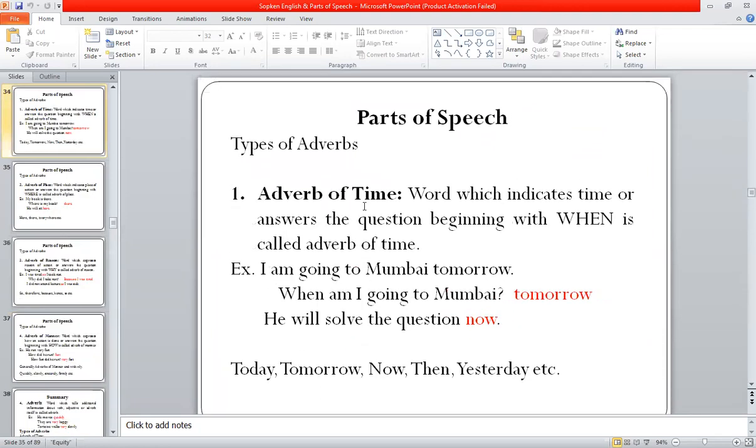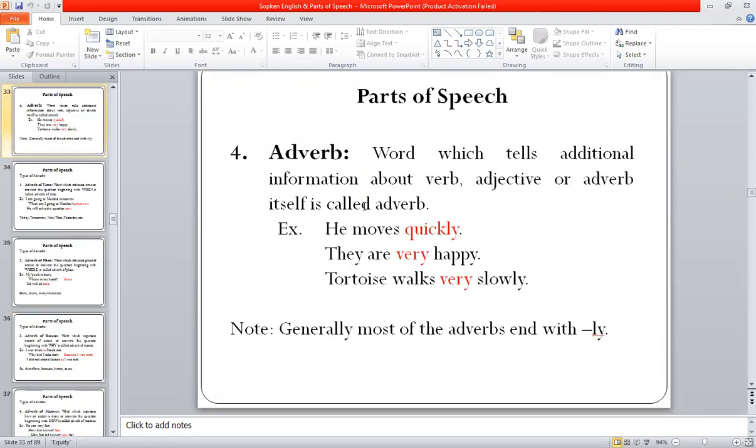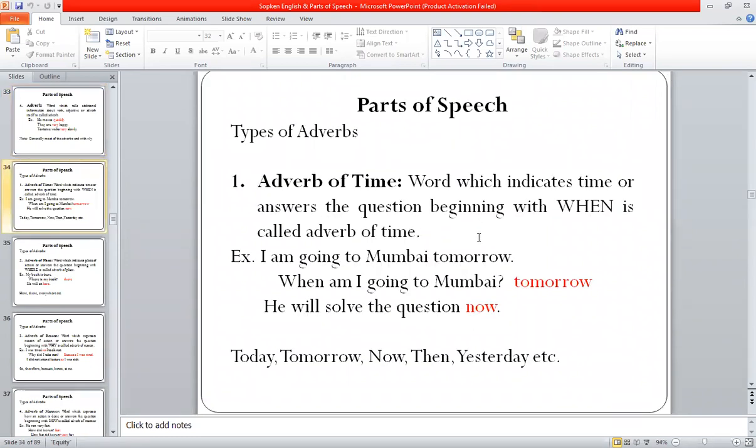In the last lecture we discussed adverbs. What are adverbs? Adverbs are the words which tell additional information about a verb, adjective, or adverb. These are the modifiers of verbs, adverbs, or adjectives. What are the different types of adverbs?